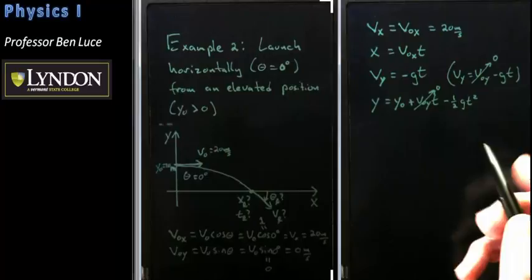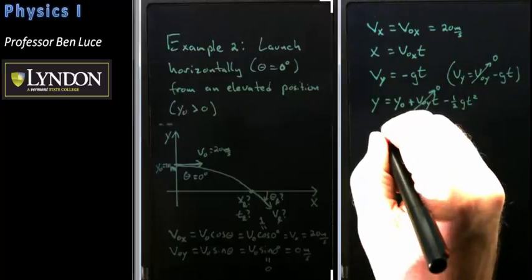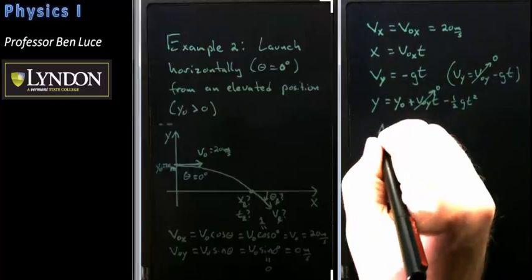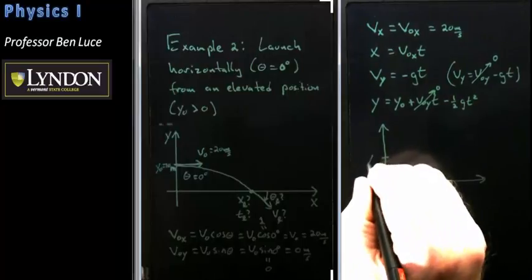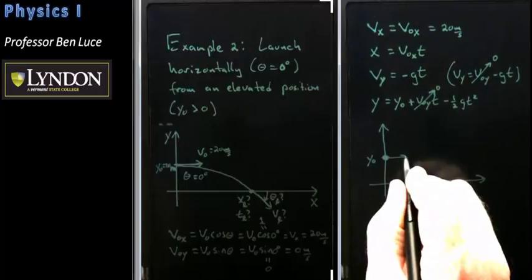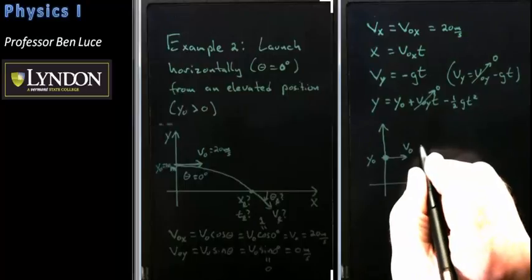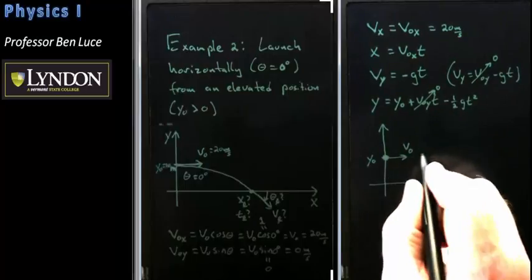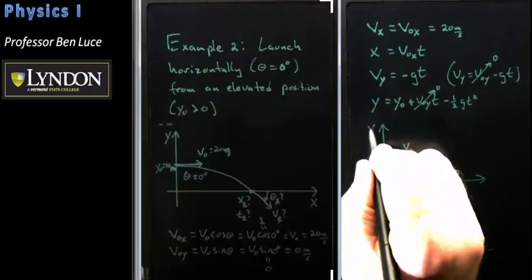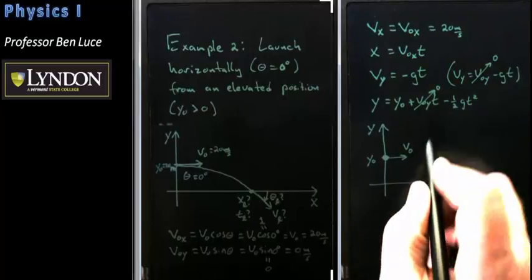All right, so let's just look back at really what's going to happen here. Our projectile is starting off here at y0, but it's only moving horizontally initially. So its initial velocity in the y direction is just 0. It's just heading horizontally.